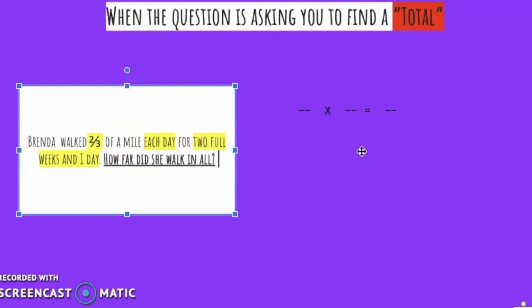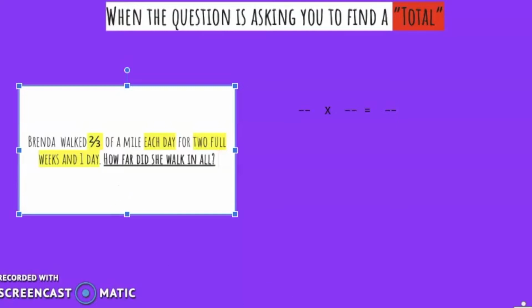So 2 full weeks will be 14 days plus that extra day that she walked. That means that she walked for a total of 15 days. So we can continue adding 2/3, 2/3, 2/3 15 times. But when we're adding repeatedly the same numbers, we know that that's the same thing as multiplication. Multiplication is the same thing as repeated addition.